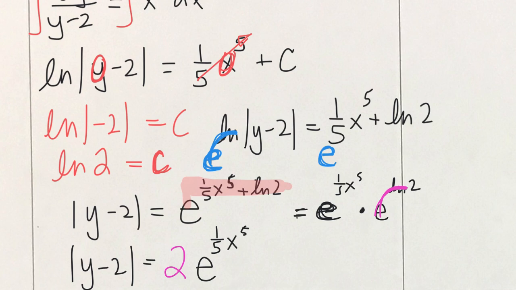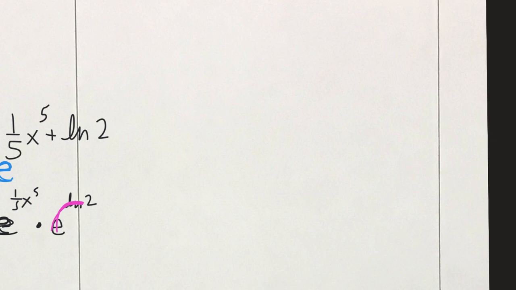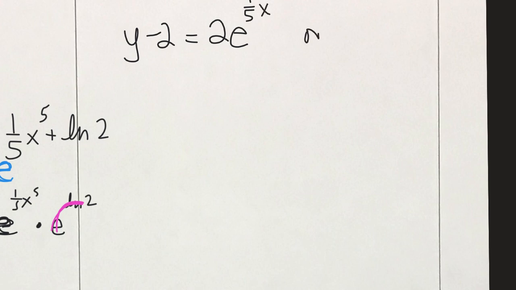We're not done yet because we haven't solved this for y. It's still an absolute value. Absolute values can be either positive or negative. So y minus 2 can equal positive 2e to the 1/5 x to the 5th, or y minus 2 could be negative 2e to the 1/5 x to the 5th.